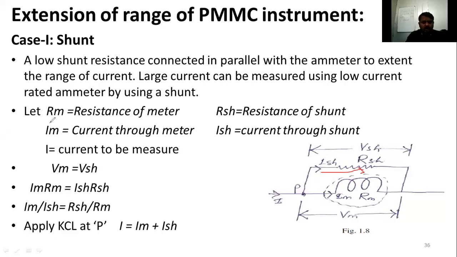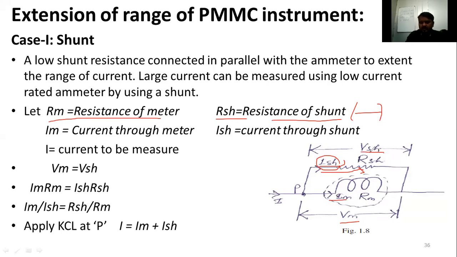So the Rm indicates the resistance of the meter. RSH indicates the resistance of the shunt. Shunt means the parallel resistance value. The current flowing through this meter is called IM, and the current flowing through the parallel resistance or shunt resistance is called ISH. So here the voltage across the meter is VM, and the voltage across the shunt resistance or parallel resistance is VSH.